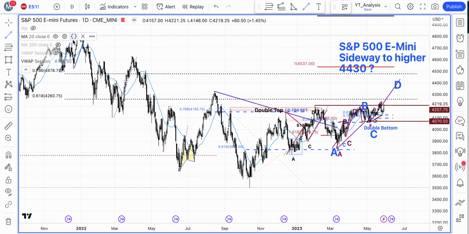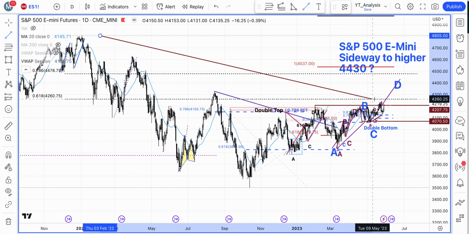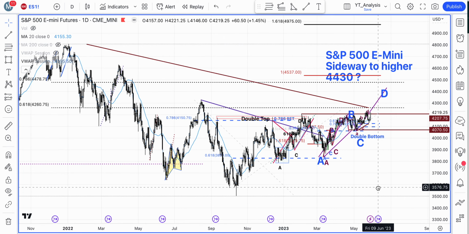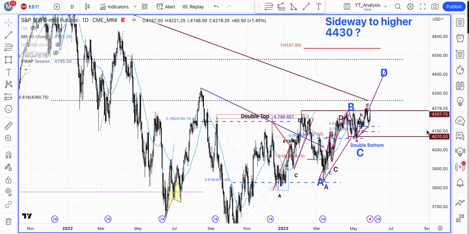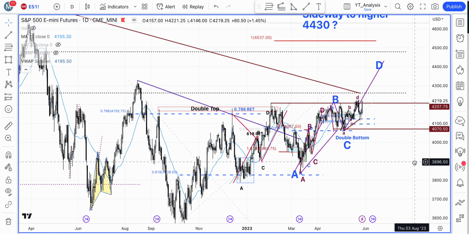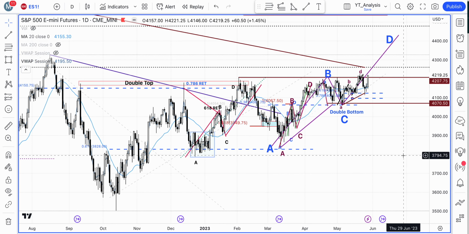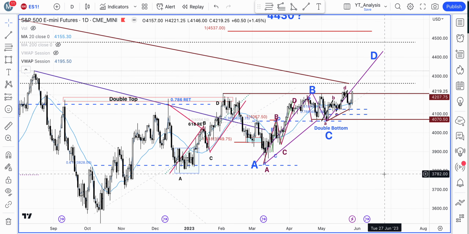So quite similar to what we see in the NQ. We have this 61.8% Fibonacci retracement coming in, and that may provide strong resistance because of the pattern formation that we are looking at in the NQ, the NQ 100.